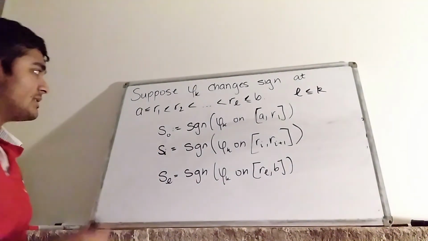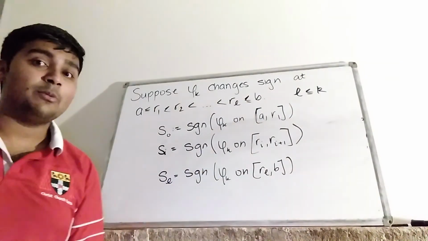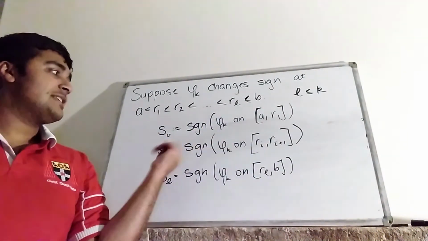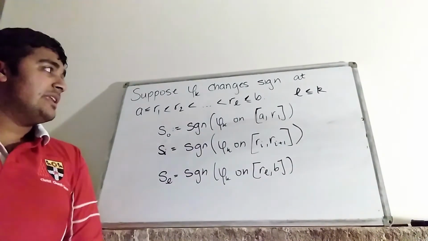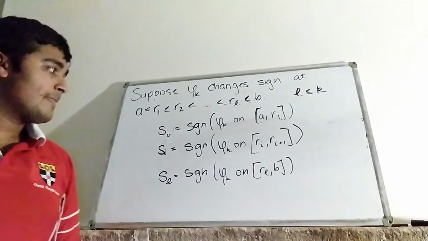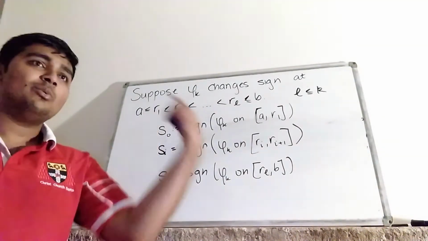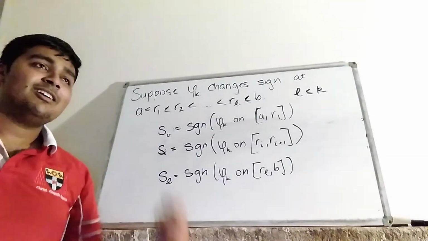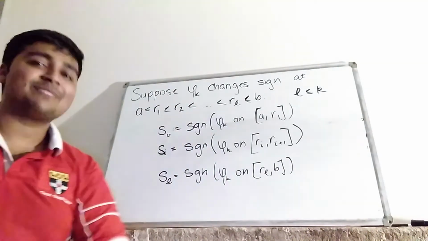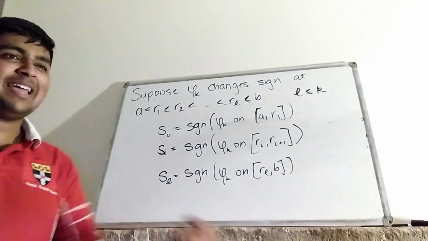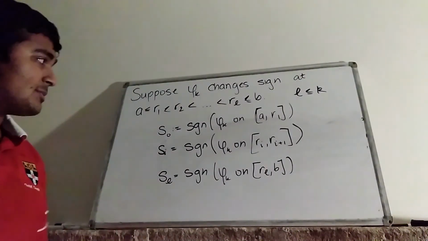Si, of course, is defined for 1, 2, 3, all the way up to L minus 1. It's simply going to be some number, 1 or minus 1, and that represents the sign of phi k between those two sign changes. And you can also have S0 equal to minus S1, which is equal to S2 is equal to S4 and so on, and S1 is equal to S3 is equal to S5 and so on. So S odd is equal to minus S even as well.